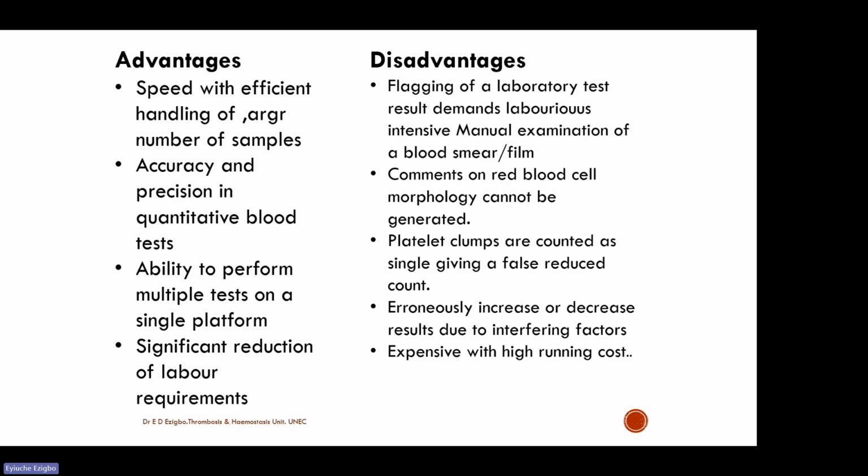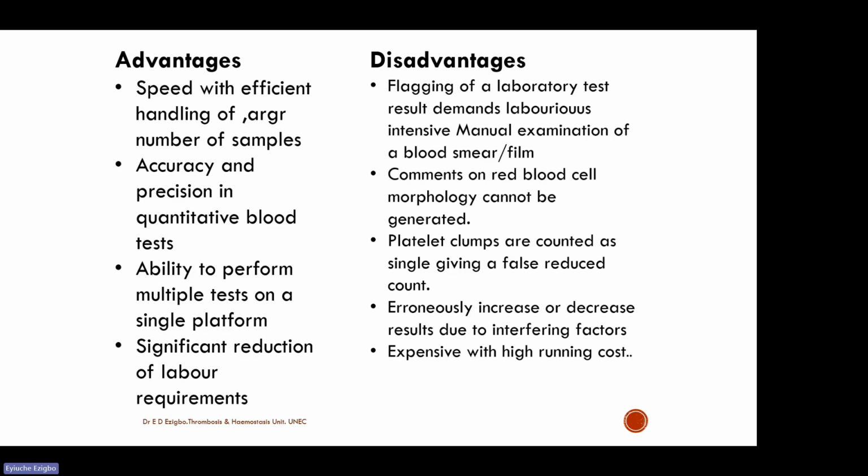So what are the disadvantages of automated hematology analyzers? Flagging of laboratory test results demands laborious, intensive manual examination of a blood smear film. When you are counting the red blood cells, sometimes the machine flags.